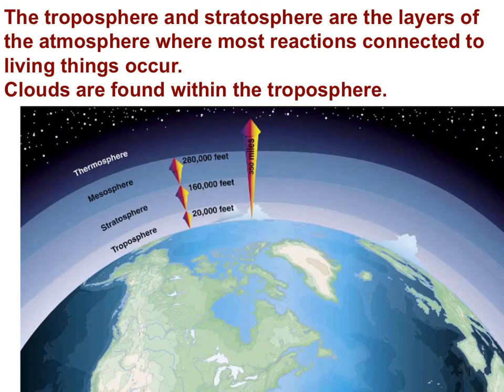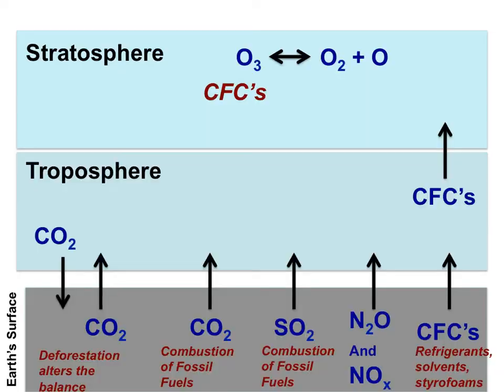And living things require the stratospheric ozone layer to remove harmful UV radiation before it reaches the Earth's surface. The troposphere and the stratosphere are the layers of the atmosphere where most reactions connected to living things occur.